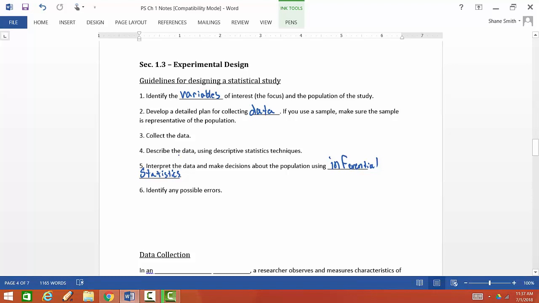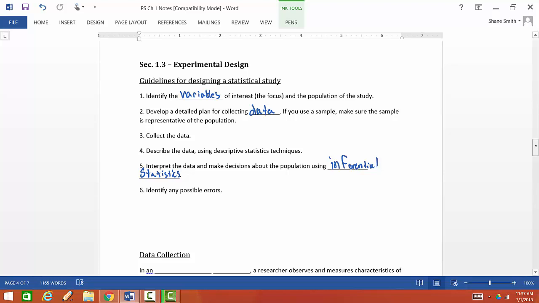And this process should sound very familiar to you. If you have ever been in any science class, you've probably learned the scientific method. And this is basically the scientific method, right? So collecting data and interpreting data, and that whole process of designing a statistical study is really the scientific method.